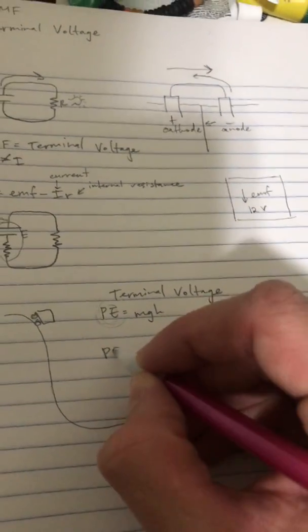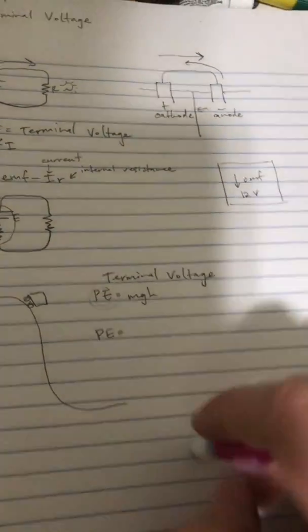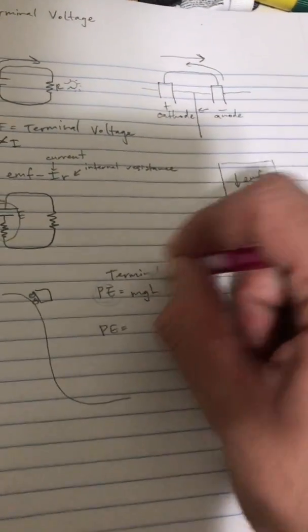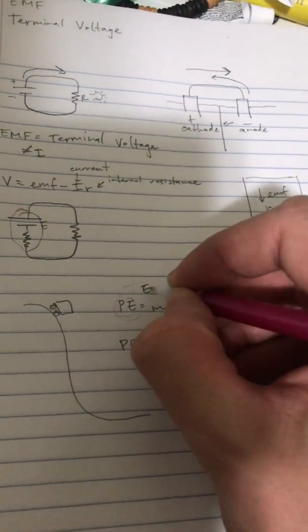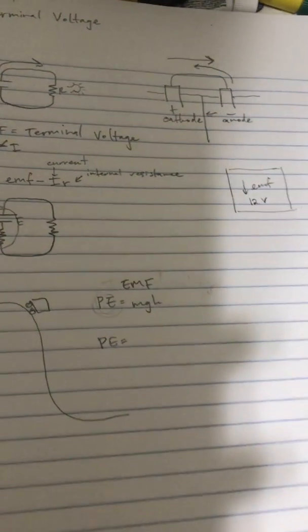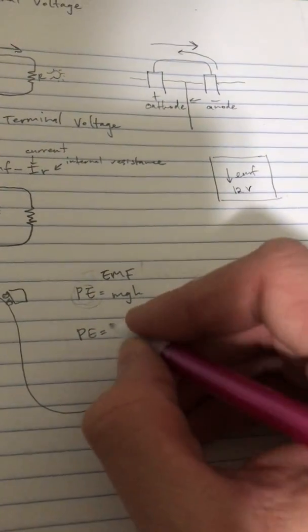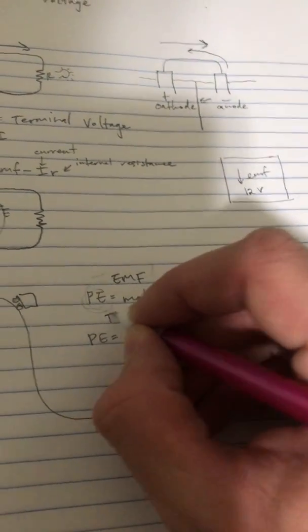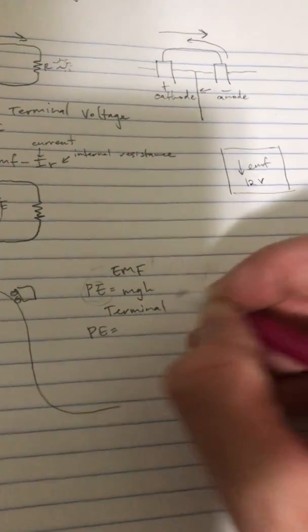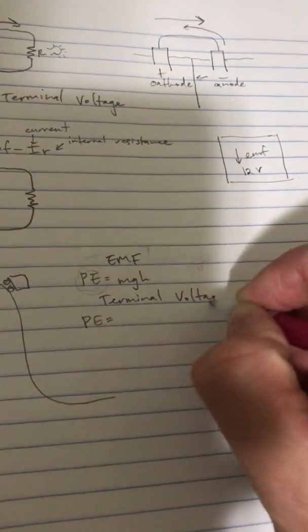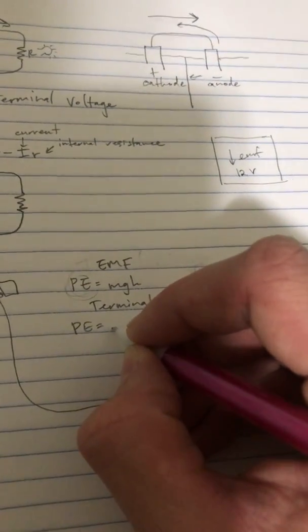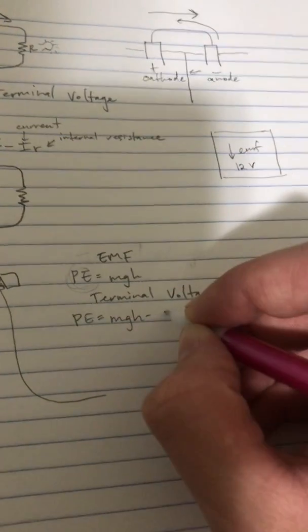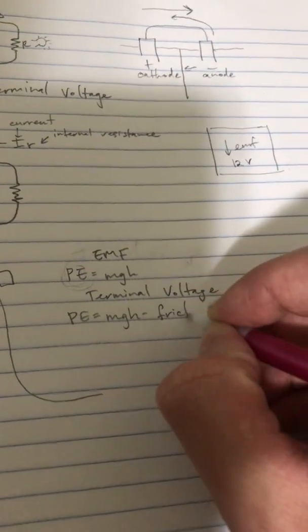So the terminal voltage is like the potential energy minus friction, okay?